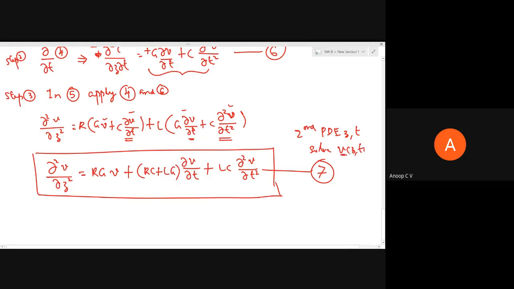Now, if you remember, for free space the wave equation was something like dou square Ex by dou Z square equal to mu naught epsilon naught dou square Ex by dou T square. It was straightforward, but here we have additional terms. But that was for free space, where the medium is actually a perfect insulator. So similarly, if the space between the transmission line is a perfect insulator or free air, right?